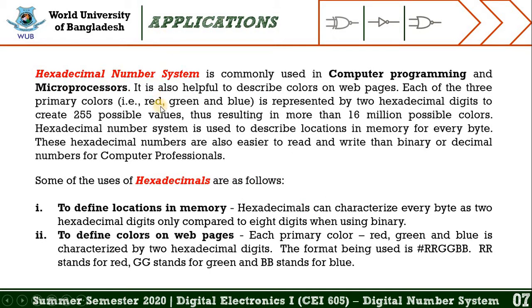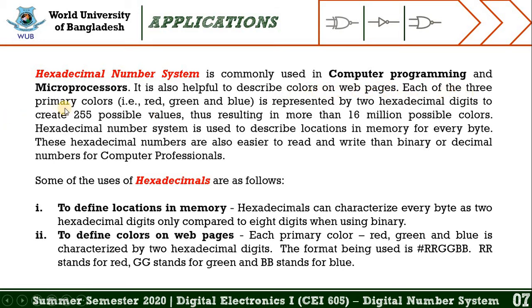Now from this slide we may learn the applications of the hexadecimal number system. So let's begin. Hexadecimal numbers are commonly used in computer programming and microprocessors. They are also helpful to describe colors of web pages.